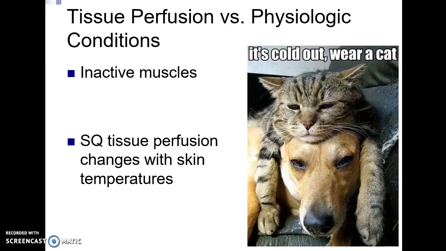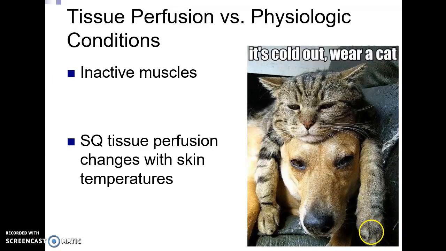Bear in mind that if you inject something subcutaneously, the skin temperature will allow the drug to leave that area or not leave that area. So when we have cold temperatures and we're injecting animals subcutaneously that are living outside for the most part, large animals, that drug is not going to get into the system as fast, because typically what happens is if an animal is truly getting cold, the body will shunt the blood away from the skin toward its core organs.